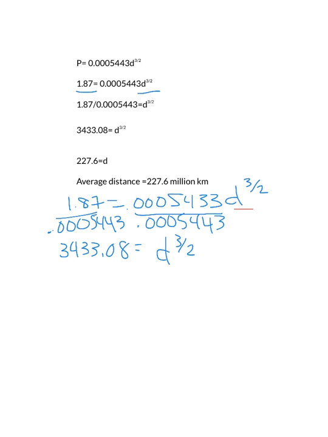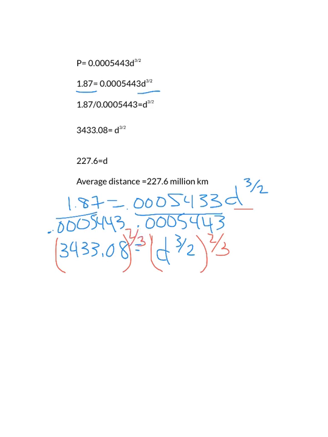Now we need to get d to the power of 1. So to do that, to get d with an exponent of 1, what we do is we raise both sides to the reciprocal exponent. So I'm going to raise this side to the power of 2 over 3, and I'm going to raise this side to the power of 2 over 3.